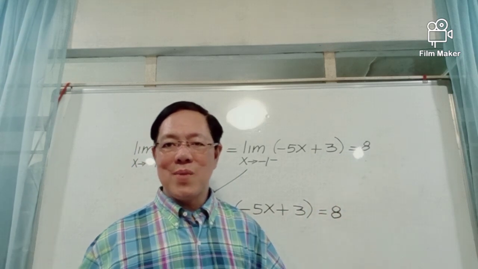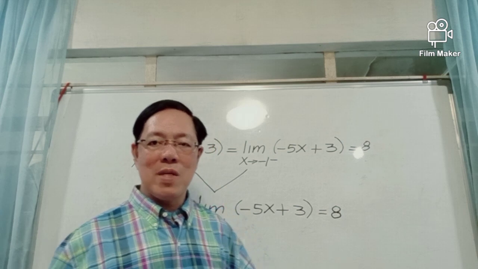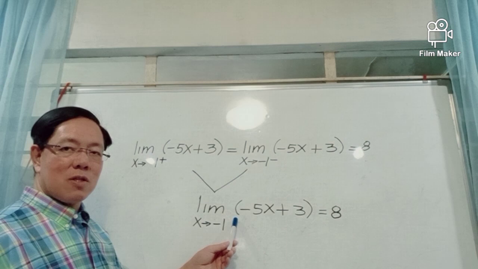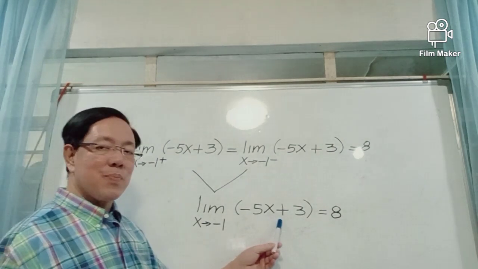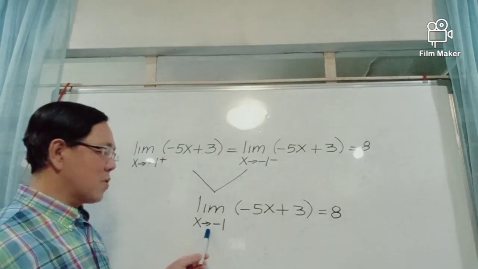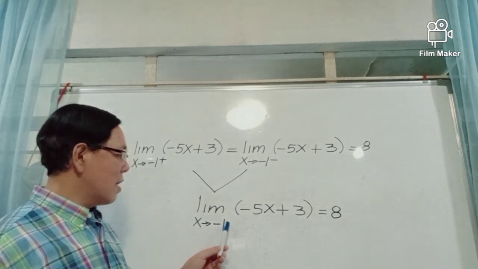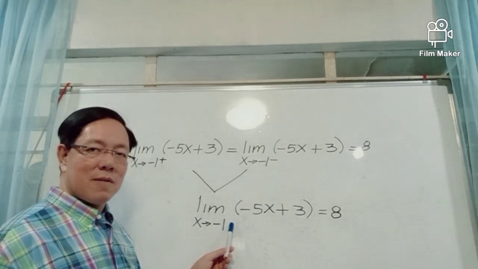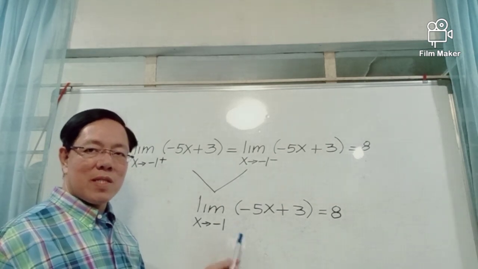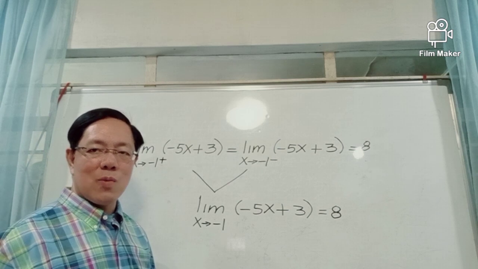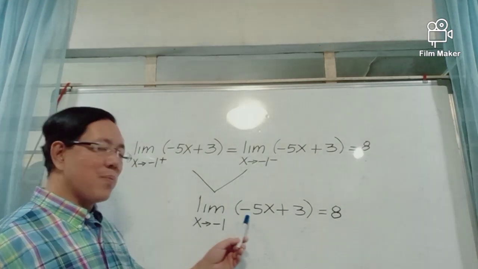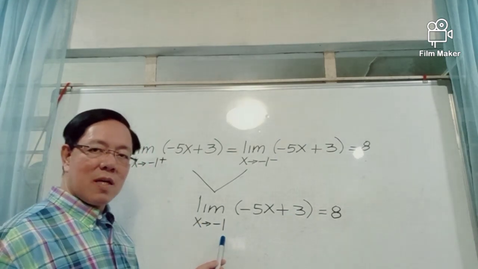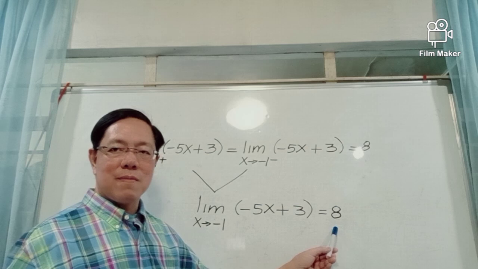If the right-hand limit is equal to the left-hand limit, we simply write the limit of the function negative 5x plus 3 as x approaches negative 1. The sign positive or negative is omitted here, because the right-hand limit and the left-hand limit are equal. We simply write the limit of negative 5x plus 3 as x approaches negative 1 is positive 8.